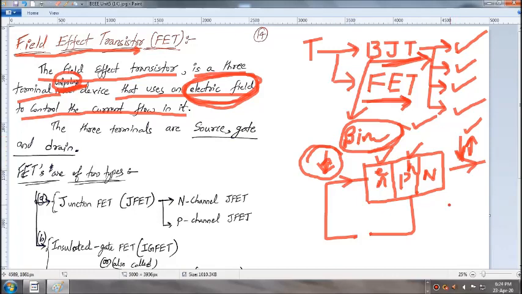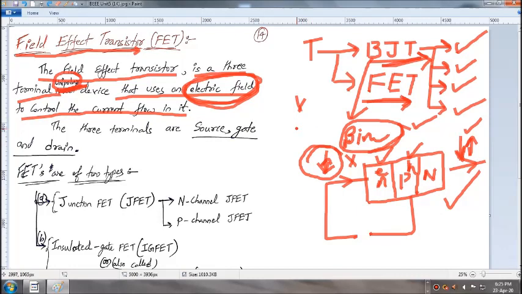So we can call BJT a current controlled device, whereas in a FET this is not the case. It is controlled by the voltage source. If we increase or decrease the voltage, correspondingly the drain current will increase or decrease. We are going to observe in detail how the current varies with the variation in electric field.